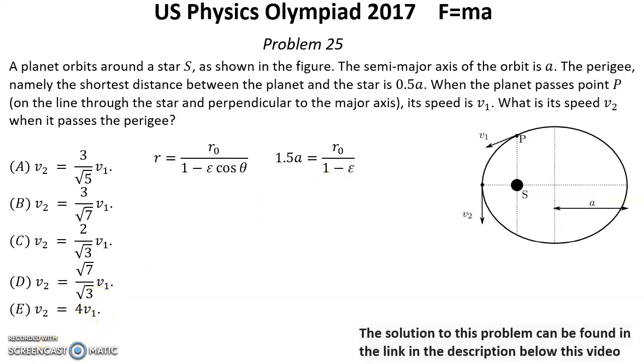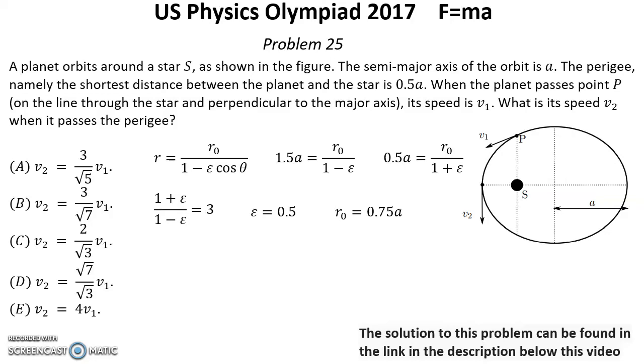And in perigee, we have angle equal pi, or 180 degrees, and the formula is this one. Now we can divide the first formula with the second formula and find what is eccentricity. From here we can find that epsilon equal 0.5 and r0 equal 0.75a. So we just constructed all what we need for the next step.